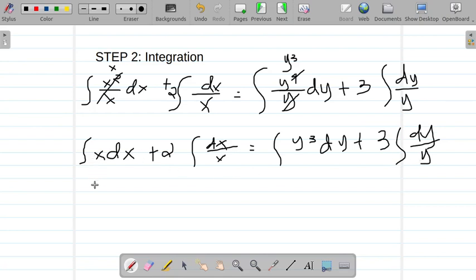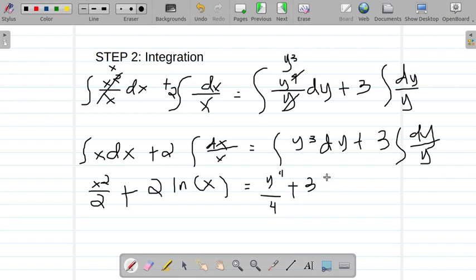So, integral of x dx is just equal sa x squared over 2 plus 2 integral sa dx over x is ln of x, is equals to integral sa y cubed dy is y to the power of 4 over 4 plus 3 integral sa dy over y is ln of y plus c.